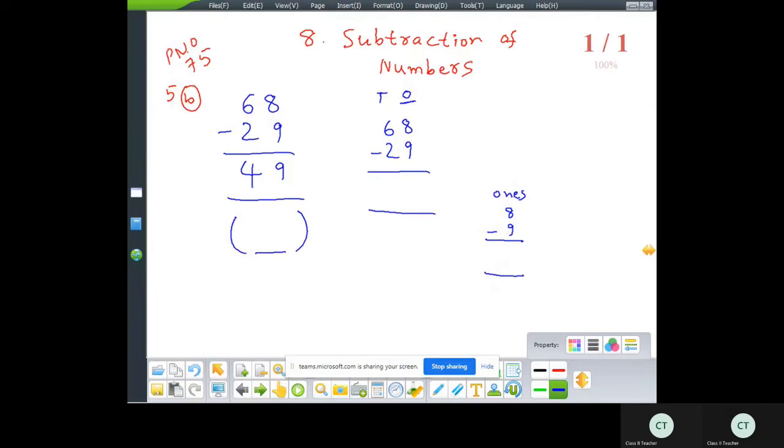In this time we need borrow. We take borrow from beside number. We get 10. Borrow means 1 ten is equal to 10.